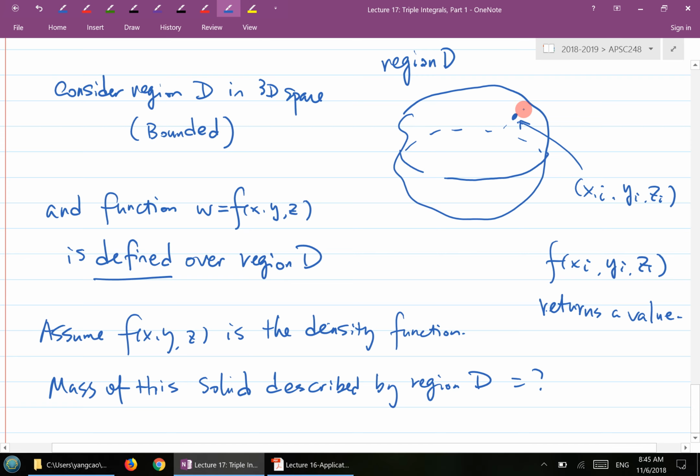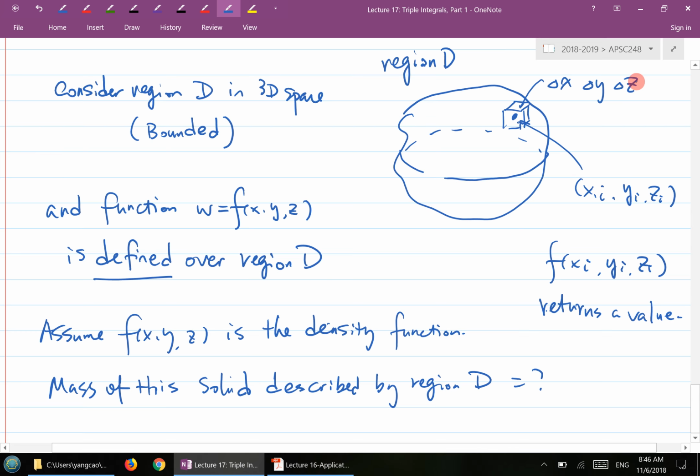If x_i, y_i, z_i is a point inside region D, then I'm going to construct a small cube around that point. This small cube has three sides: delta x, delta y, delta z.